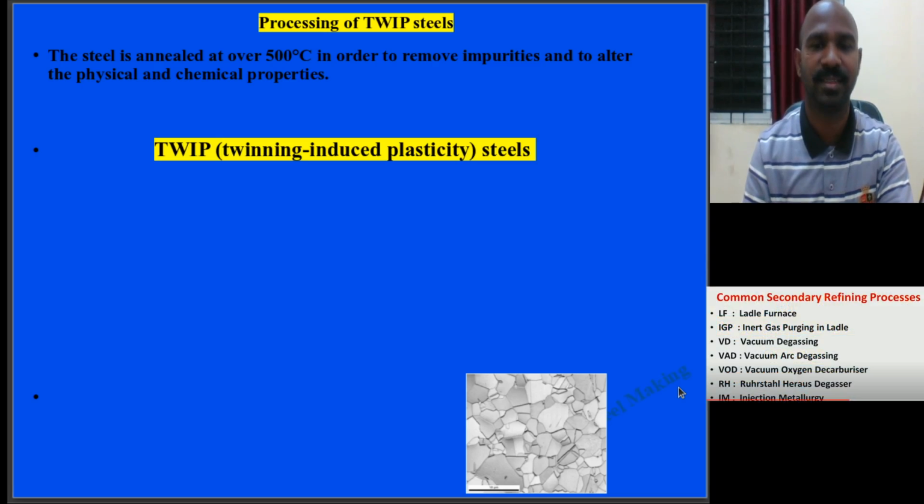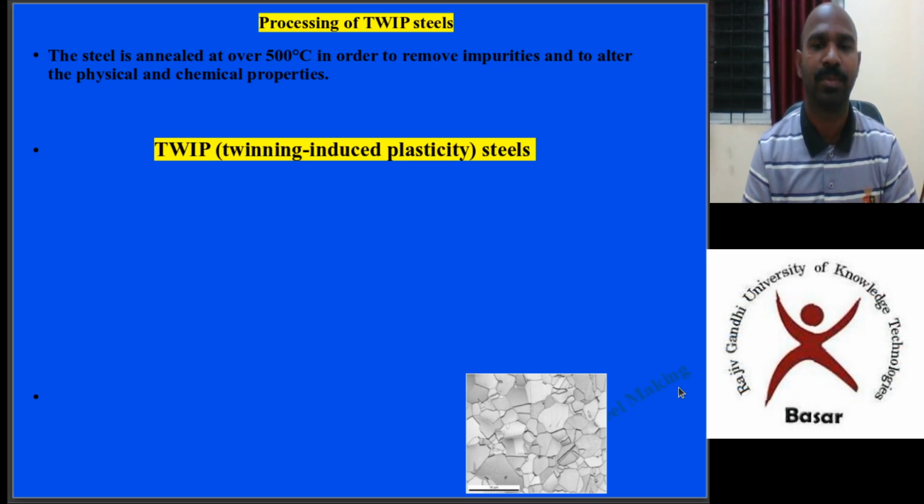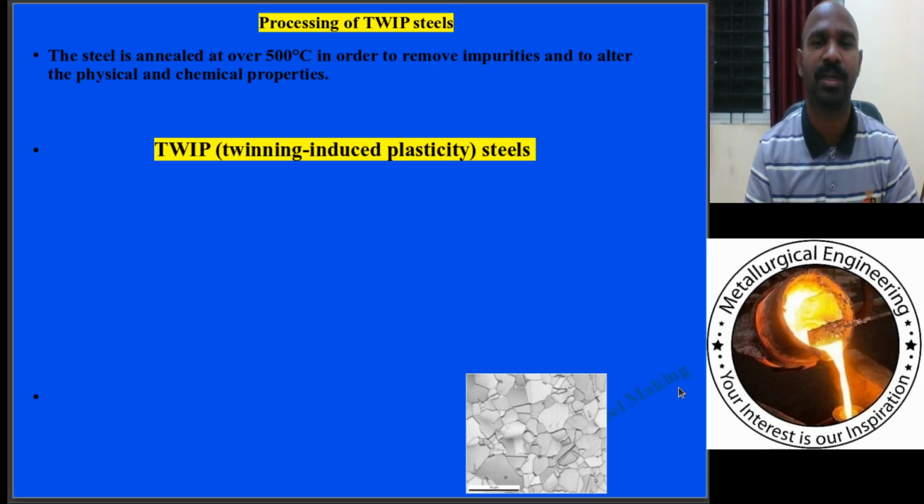Another second annealing step is chosen around 500 degrees Celsius so that you can avoid conversion into ferrite, pearlite and bainite. You can retain or convert the retained austenite into a complete austenitic structure. That is mainly by the formation of twins in this treatment by annealing at 500 degrees Celsius.